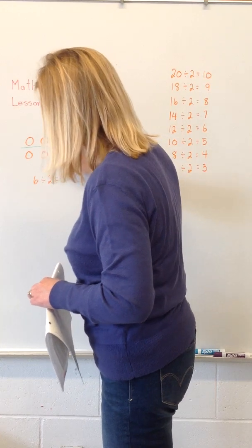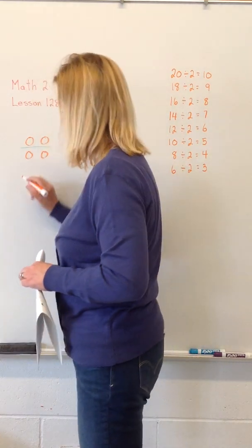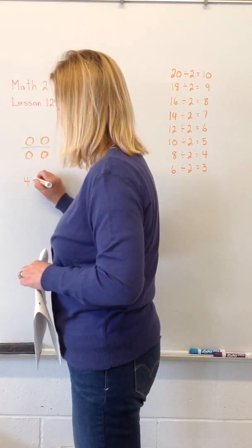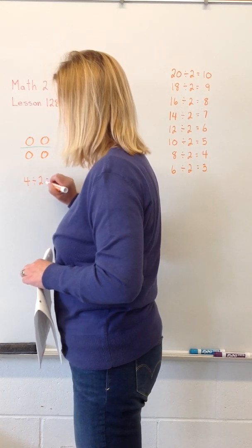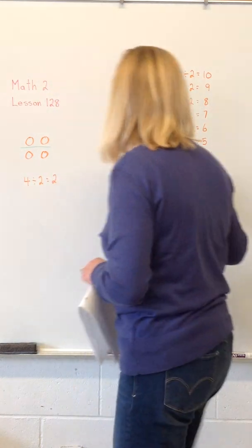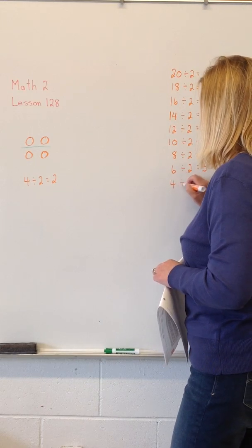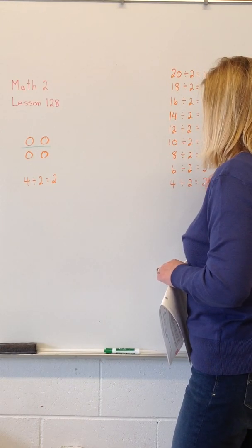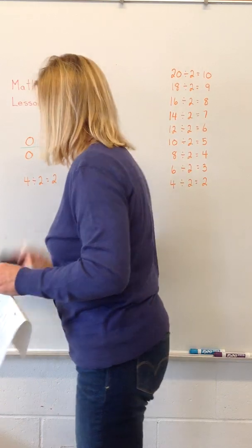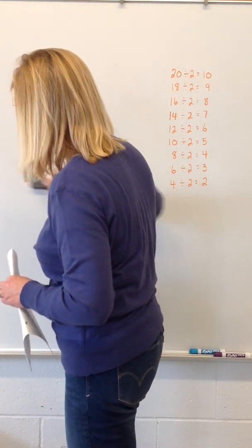These teams are getting smaller and smaller. Okay, now we have 4 children in 2 groups. Means we have 2 children in each group. Take away 2 more children.